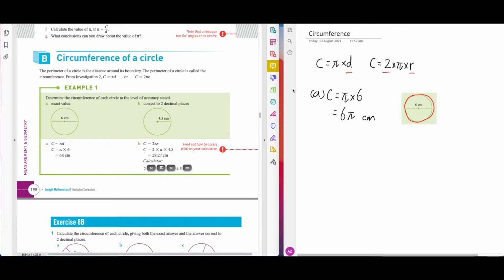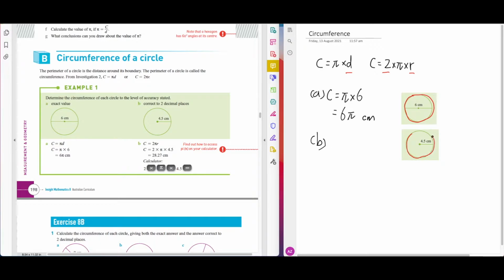Now let's do a different question. It says, find the circumference correct to 2 decimal places. Okay, so let's have a look at question B. So we want to find out what this length is, right?